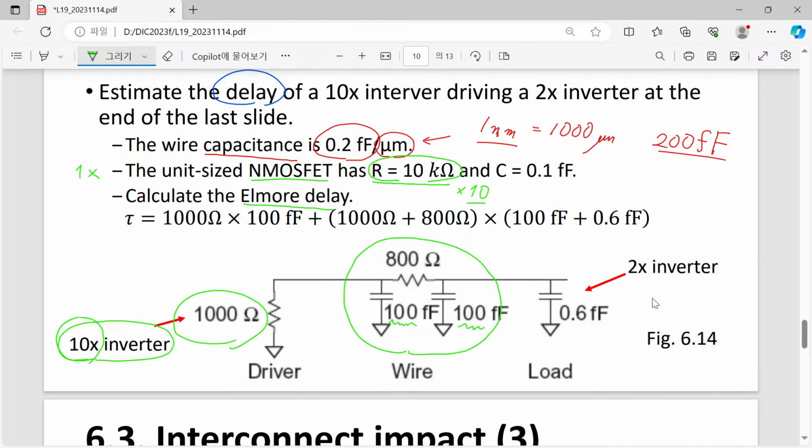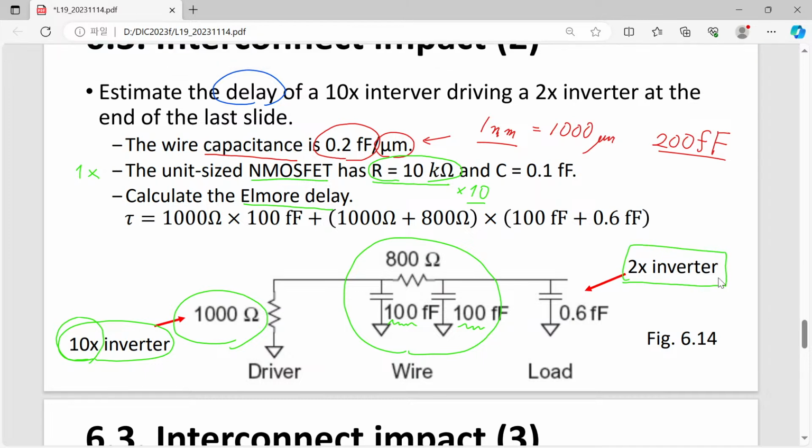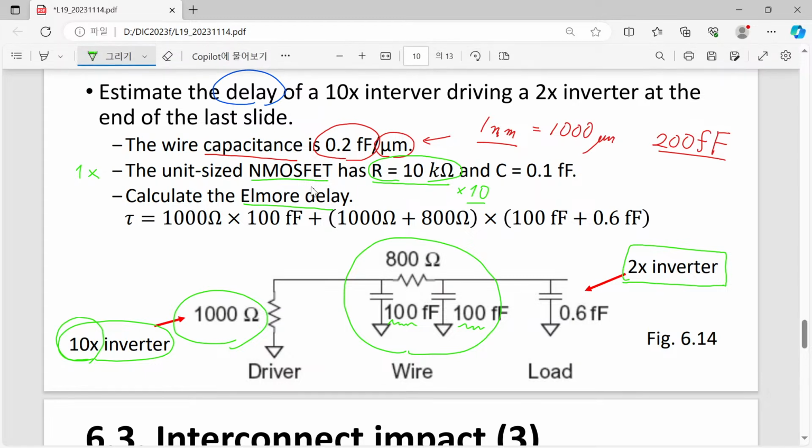And here we have the load inverter. This is 2 times the inverter, and what we can see is just the input capacitance of our 2 times wider inverter. One MOSFET contributes 0.1 femtofarad, and if we consider a 1:2 ratio between N MOSFET and P MOSFET, then we will have 0.2 femtofarad contributed from our P MOSFET.